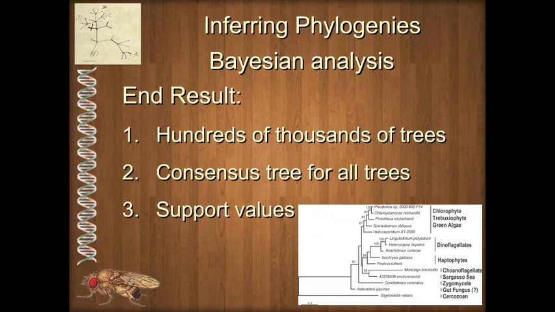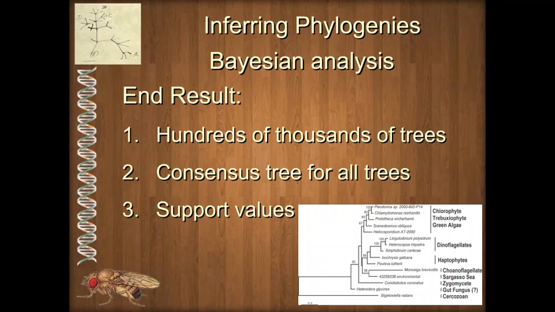So the nice thing about the Bayesian analysis is that we end up with support values as part of the process of doing the tree. We'll look at other support values in our next unit that are used for other analyses, but a maximum likelihood analysis gives you a tree, but it doesn't tell you if there are some of those relationships that are better supported than others. A parsimony analysis, the same thing.